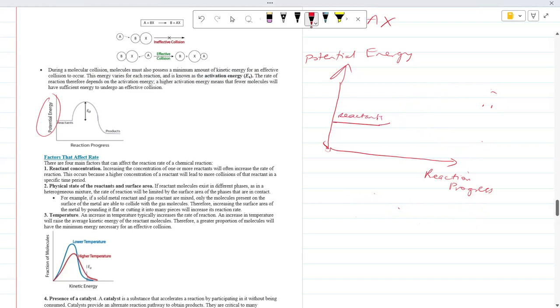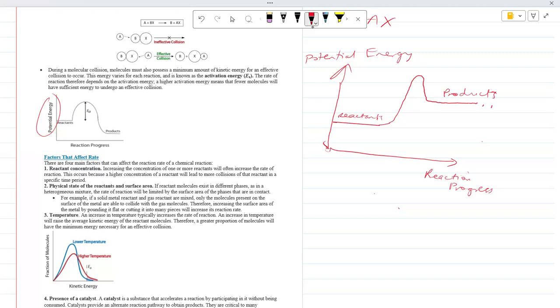Now they need to overcome the activation energy. And then maybe you have the products having higher energy at the end than the reactants. Okay. So when this occurs, then heat is absorbed. There's absorption of heat in this kind of reaction.